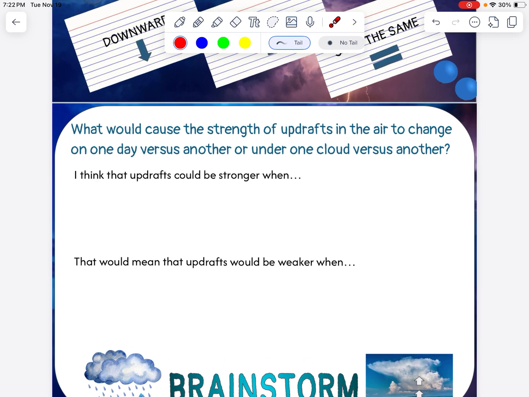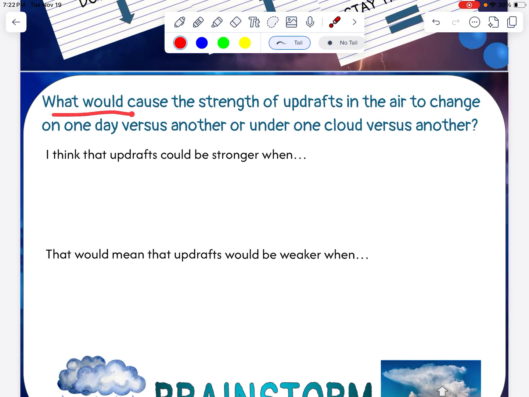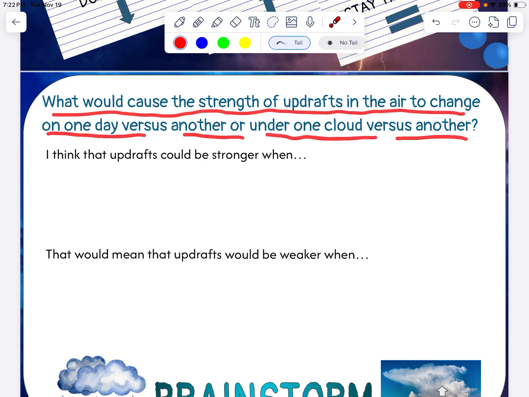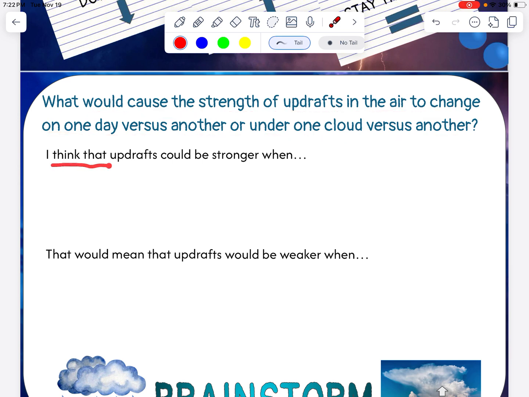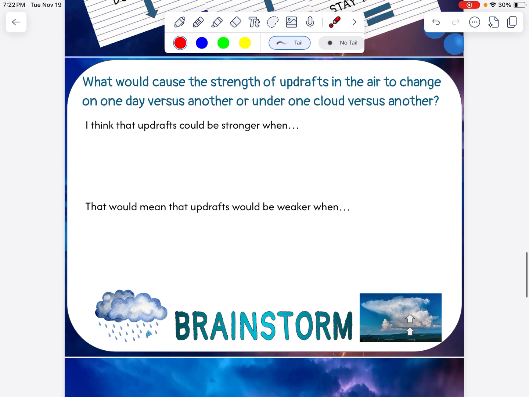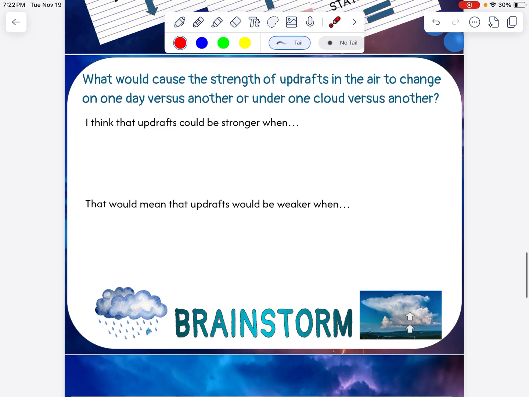In addition, we want to be thinking about what would cause the strength of updrafts in the air to change on one day versus another, or under one cloud versus another. I'm going to have you answer these in our independent practice, which is coming up shortly.